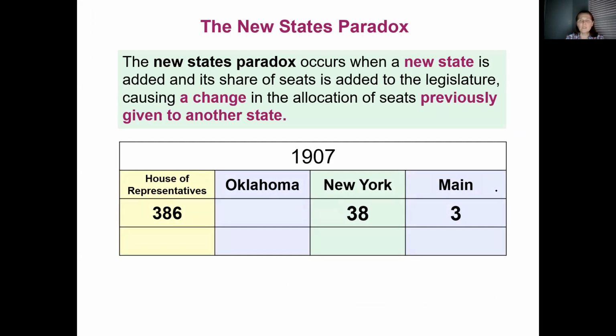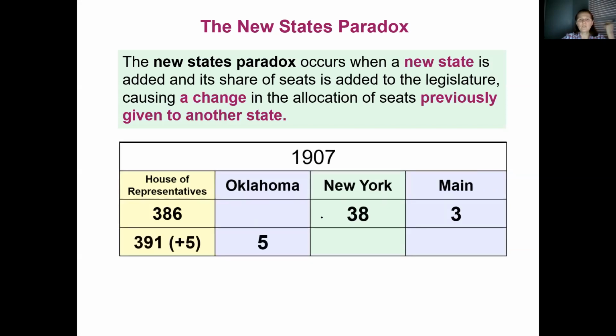Before Oklahoma joined the country, the House of Representatives consisted of 386 seats. New York had 38 and Maine had 3 seats. Then Oklahoma joined. We used the standard divisor from the previous apportionment, when it was 386, to determine the standard quota for Oklahoma.